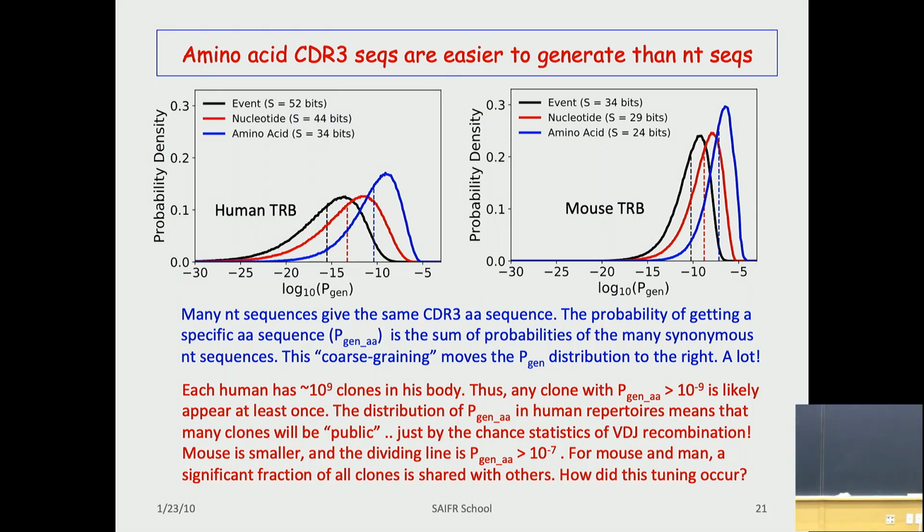So knowing the generation probability of an amino acid sequence is definitely worth having. In addition, are you working with the whole gene or only with the exons? Well, we're only working with the exon.